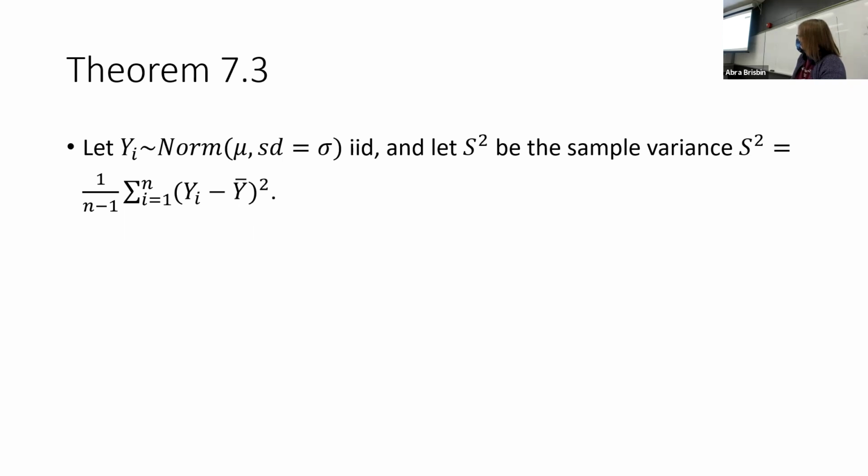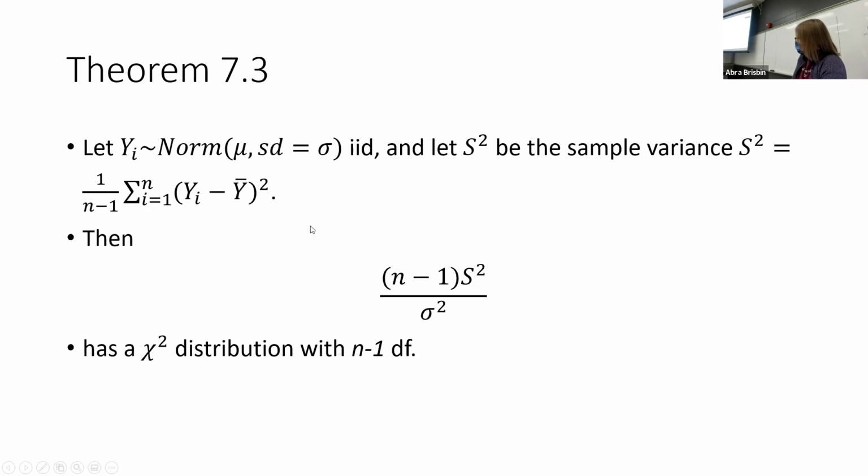All right, so if the Y sub i's and S are defined like that, then the result you saw in lab yesterday was that n minus 1 times S squared over sigma squared has a chi-squared distribution with n minus 1 degrees of freedom.